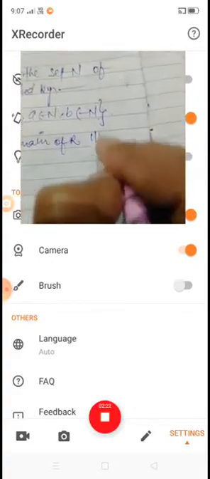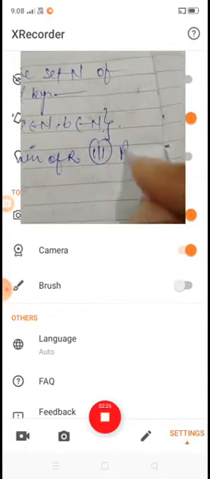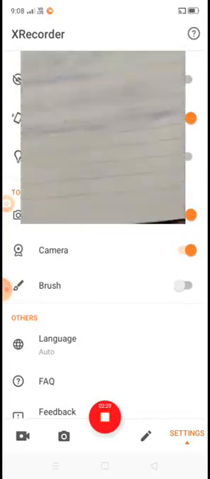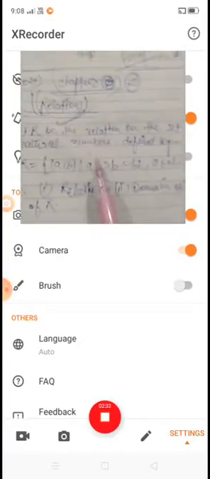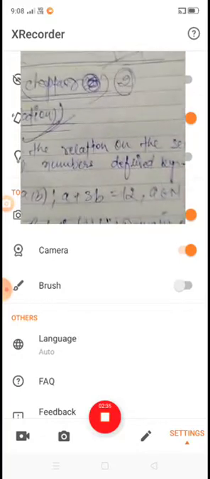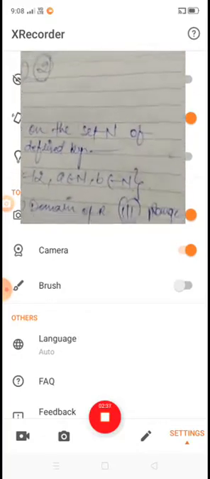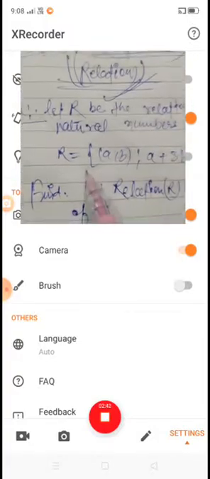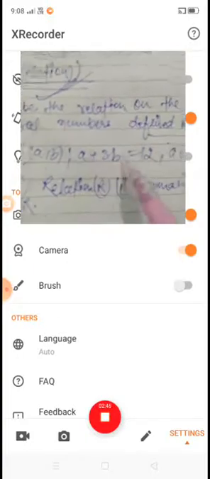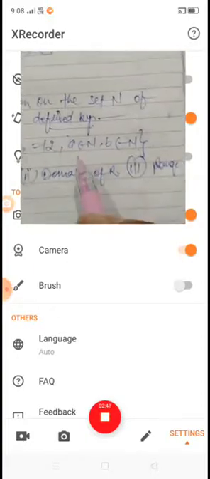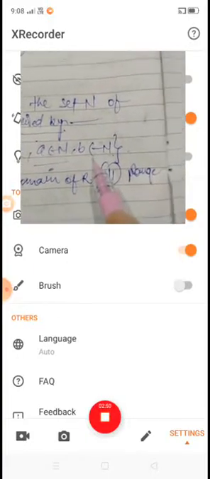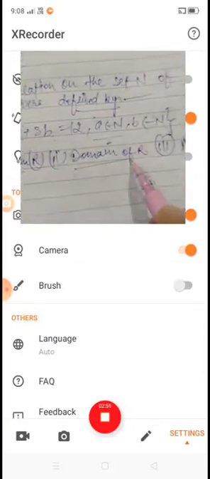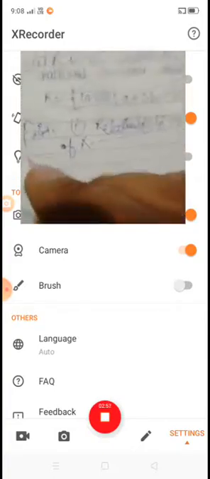And third, the range of R. Your question is: let R be the relation on the set N of natural numbers defined by R equals (A, B) such that A plus 3B is equal to 12. Here A belongs to natural numbers and B also belongs to natural numbers. First find the relation, second the domain of R, and third the range of R. Now solve it.